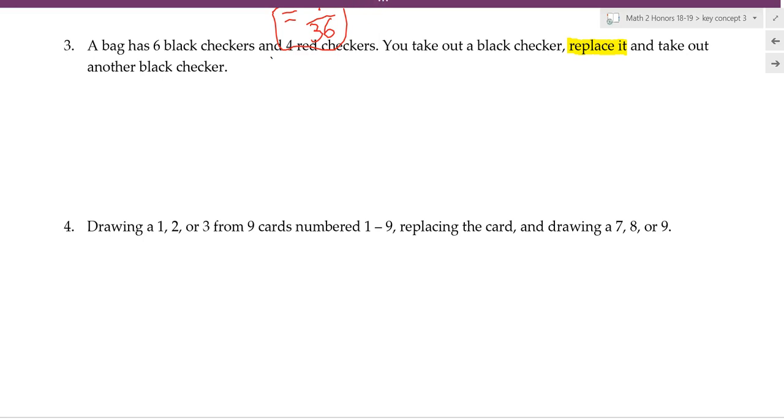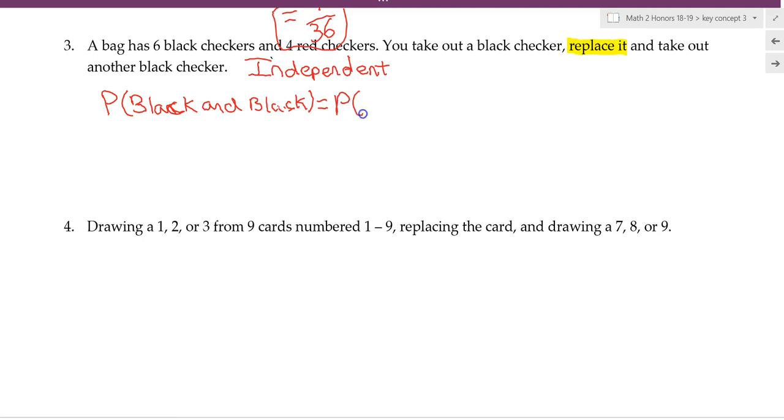So this is independent, and that replacement is a big part of it being independent. I haven't changed my total at all because I put the checker back. So this is the probability of black and black, which equals the probability of black times the probability of black.